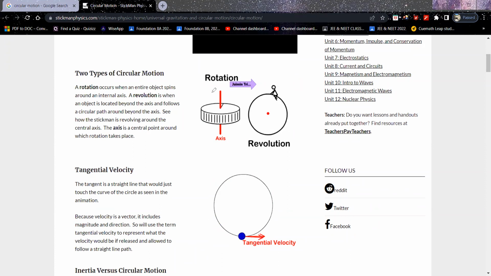In this one, we are just worried about the axis of rotation. Here we are worried about circular motion. See, it's making a fixed circle. Clear? Everyone? Yes, sir.